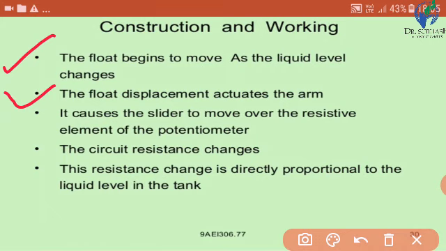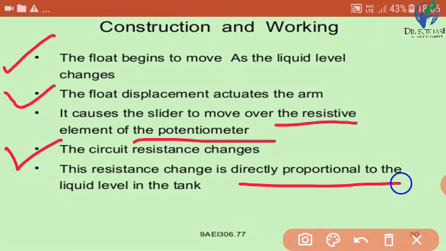It causes the slider to move over the resistive element of the potentiometer. So there is a slider, which means there is a movement over the resistive element of the potentiometer. Due to this, the circuit resistance changes. This resistance change is directly proportional to the liquid level in the tank.